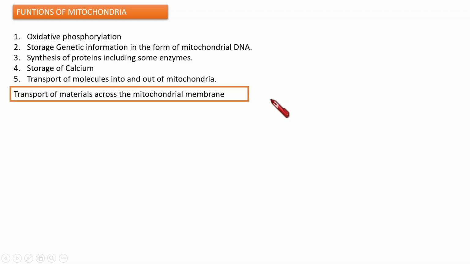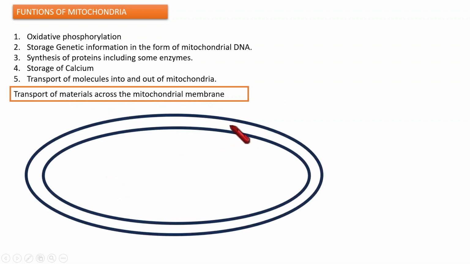I'm just explaining the transport of materials across the mitochondria a little bit. We know that this is the schematic representation of mitochondria. It has an outer membrane and an inner membrane.